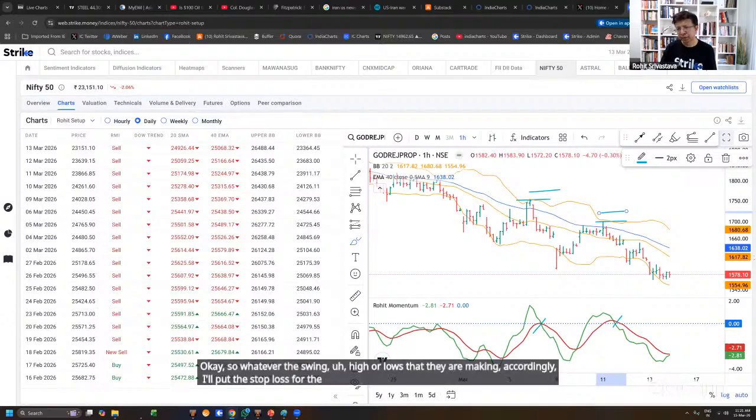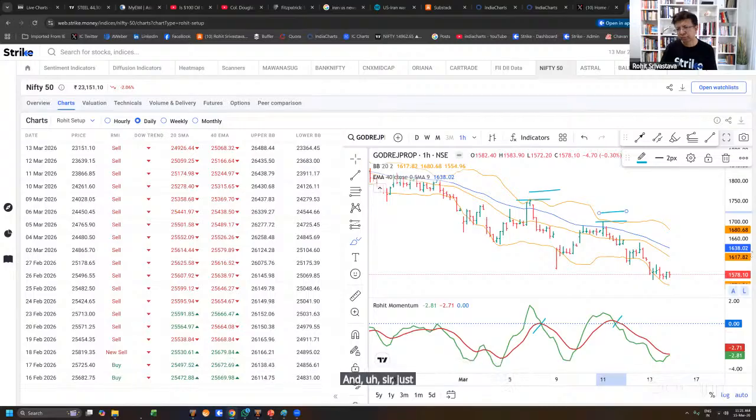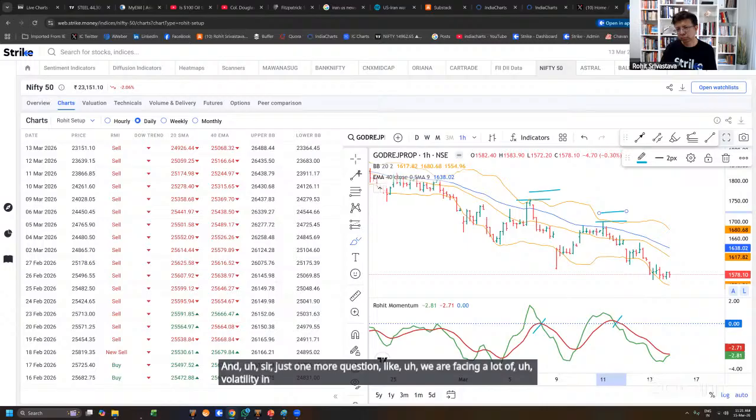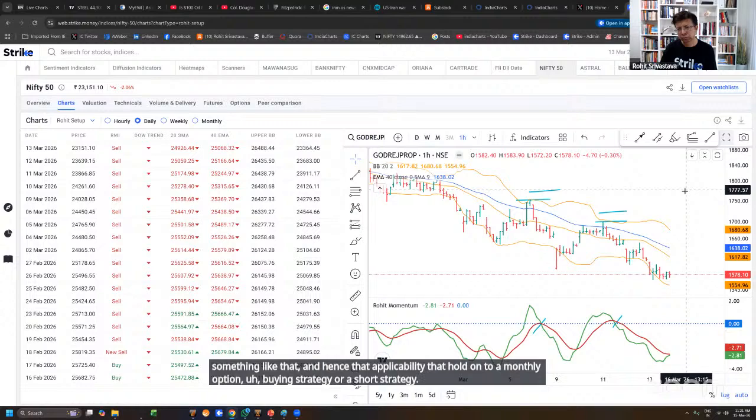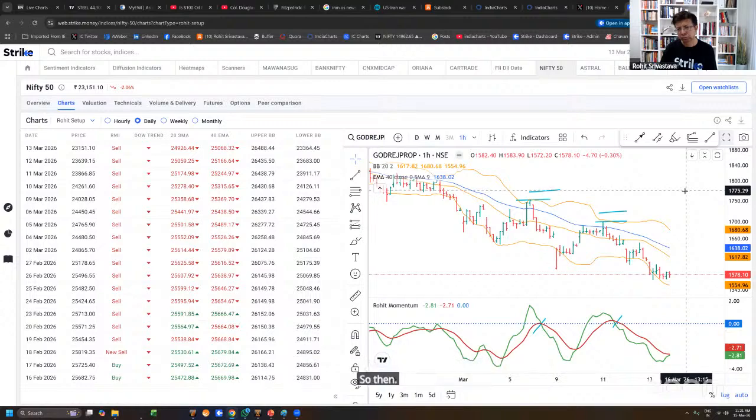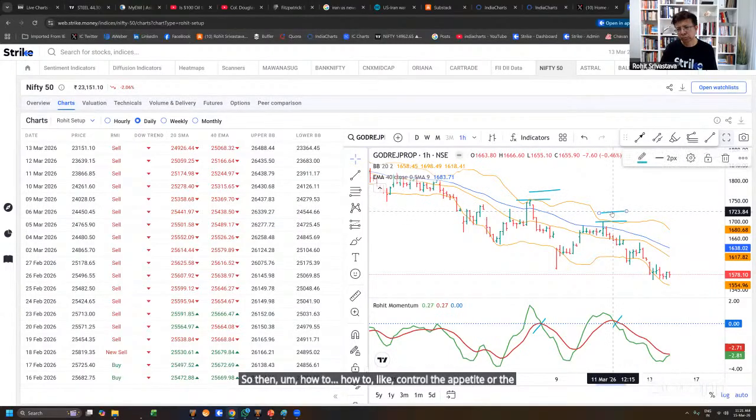And sir, just one more question. We are facing a lot of volatility in options buying. You know, a 9 rupee call turning to 900 and something like that, and hence the applicability of holding on to a monthly option buying strategy or a short strategy. So how do we control the appetite or the stop loss?